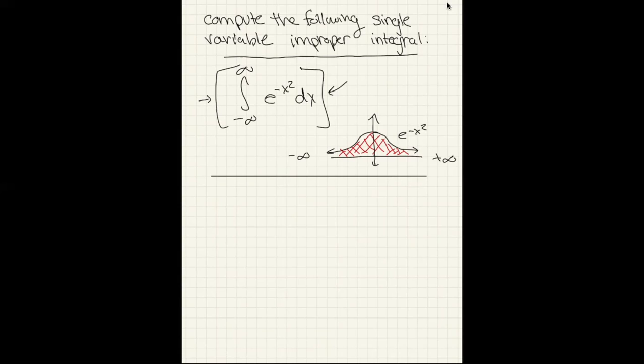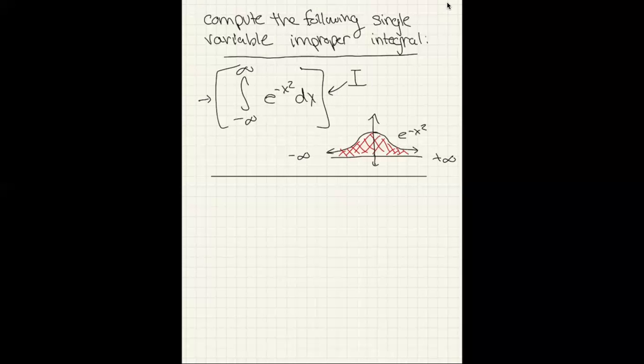But you can actually find the value of this integral, which I will call I. We're trying to find the value of this number I. It's that red area. You can actually do it by looking to a multivariable motivation.